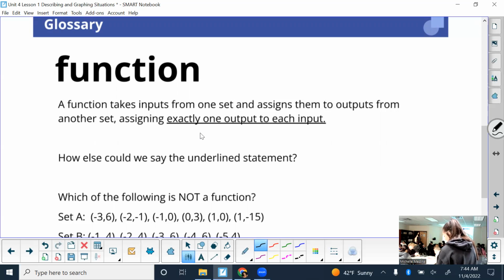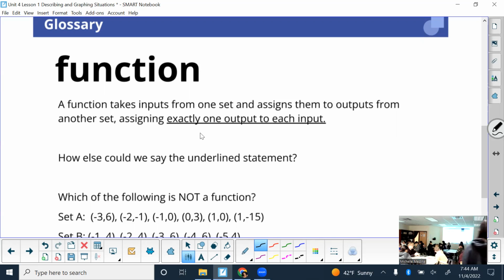So read it again. Don't say it yet out loud. But how else can we say exactly one output to each input? All right, now discuss in your groups.